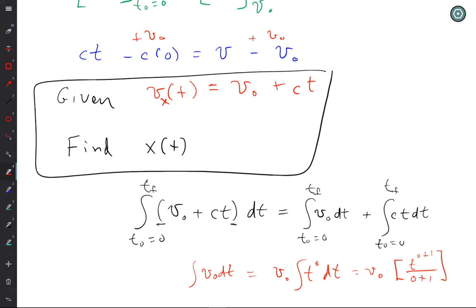And remember, technically, this was v0t minus v0 times 0, plus c t squared over 2 minus 0, when you put in the limits. x final minus x initial, for both of them.